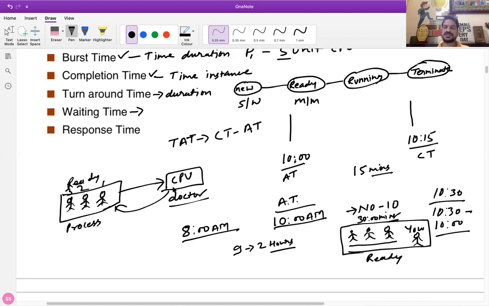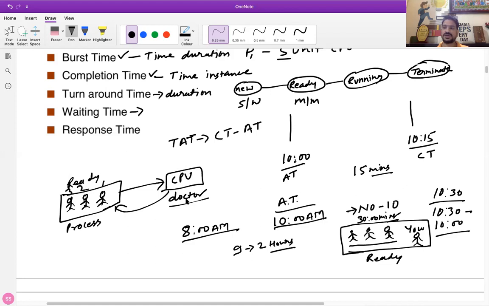When a process is removed from the running state, why? Because maybe a high priority patient comes into the doctor's chamber who needs medical attention right now.